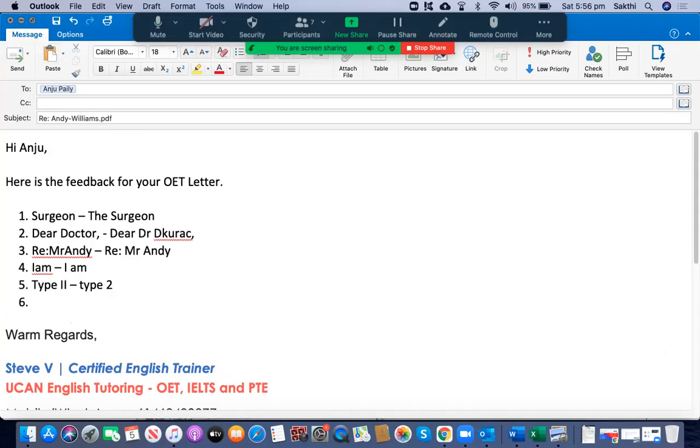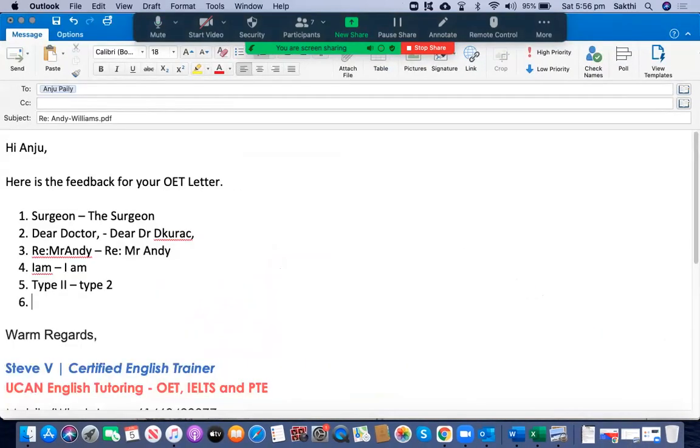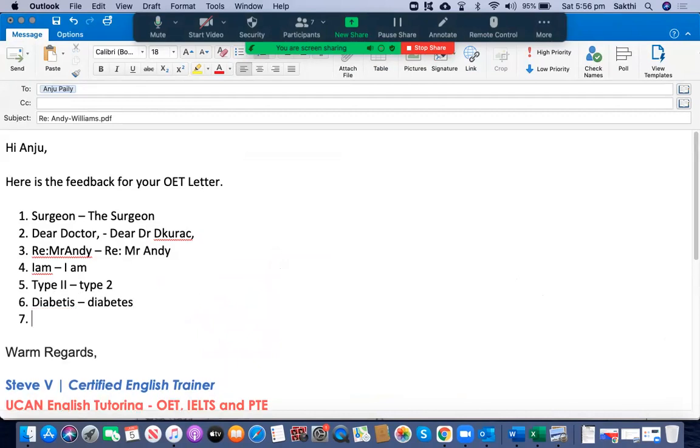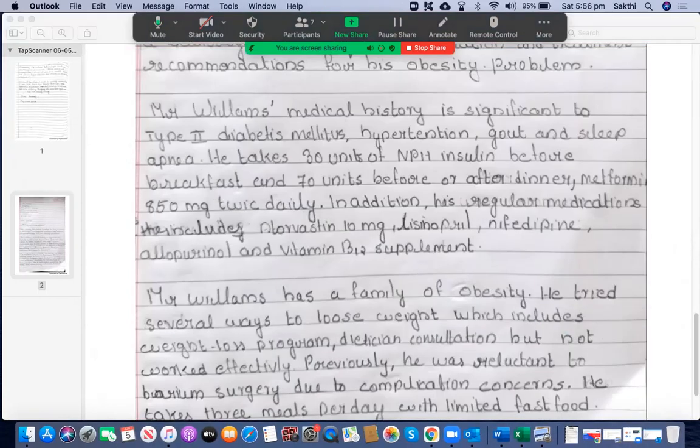Type 2 diabetes mellitus. The spelling is incorrect. See this one? It's not "TIS", but it is "TES". Diabetes, that's wrong. It's diabetes. All right, let's go to the next one. Diabetes mellitus.